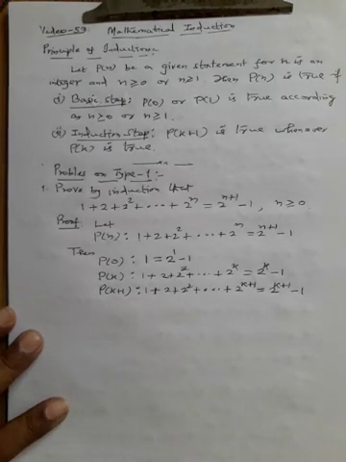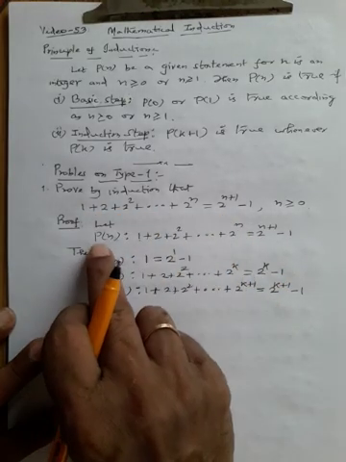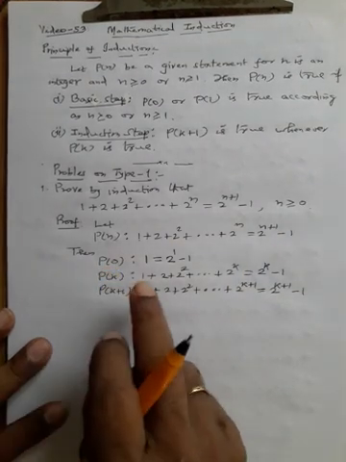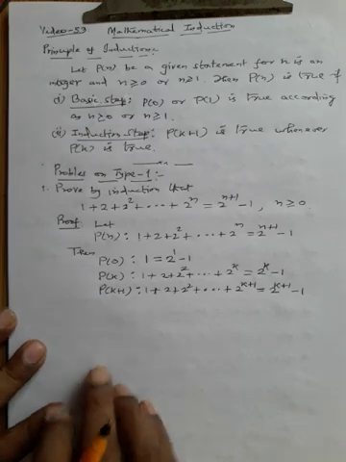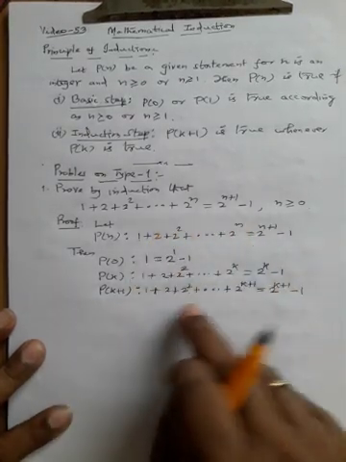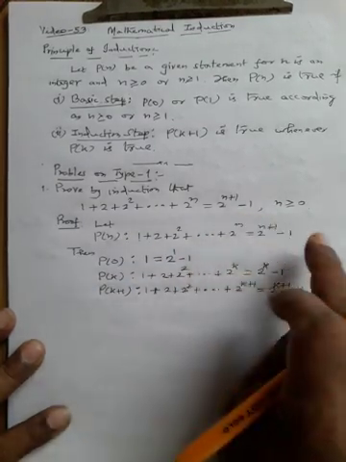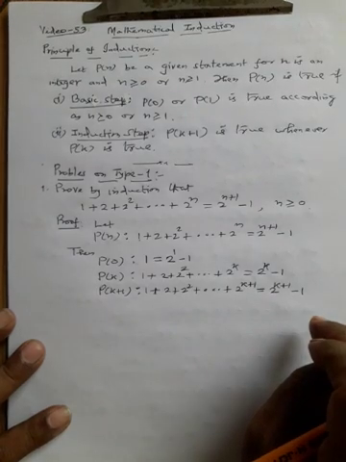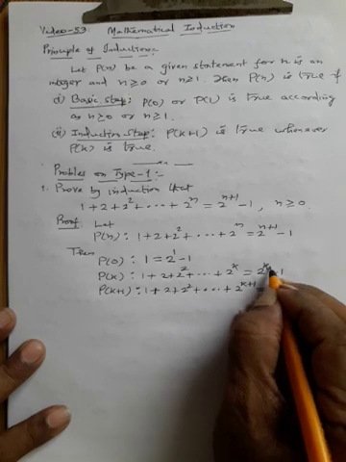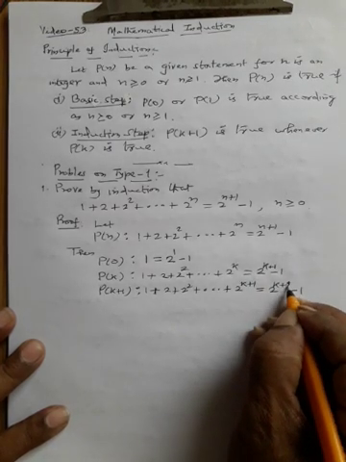These three steps are very important. Whatever series summation you want to prove, take that series as P of n. Then find P of 0, P of k and P of k plus 1. P of k is very simple: replace n by k on both sides. For P of k plus 1, replace n by k plus 1, on the right hand side too.